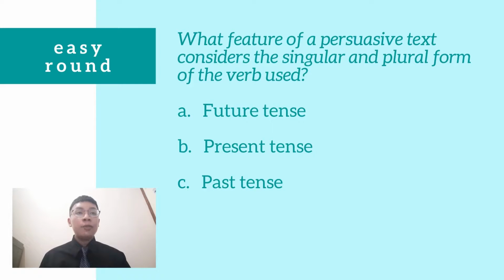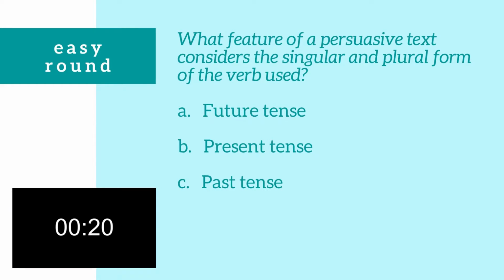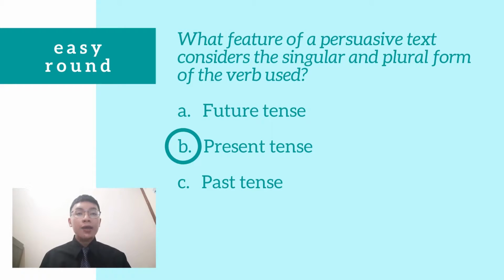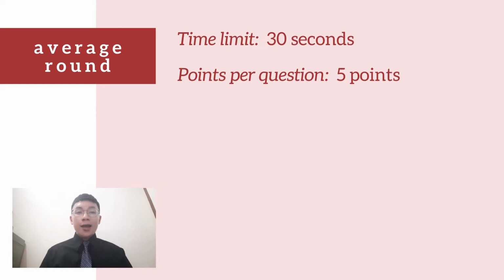What feature of a persuasive text considers the singular and plural form of the verb used? A. Future tense. B. Present tense. And C. Past tense. The correct answer is letter B, present tense. Let us now move on to the average round.